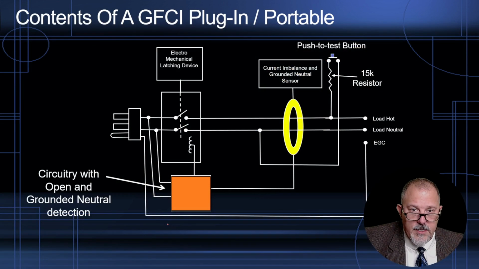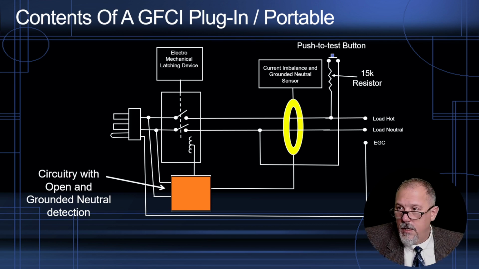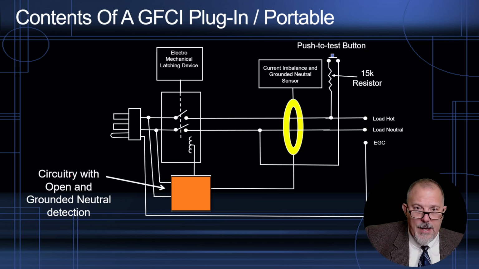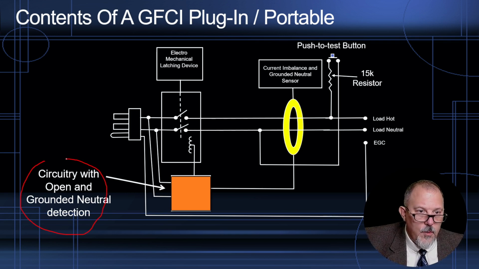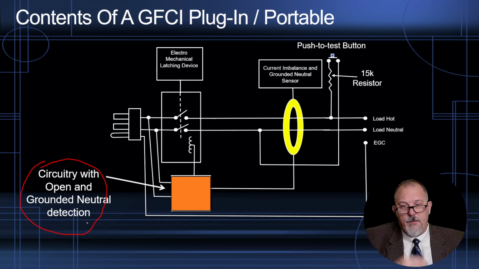And the way this works is, again, on a similar application, it's going to be looking for the current going out and coming back, but it adds this circuitry with open and grounded neutral detection. So if there's an open neutral to the device, it has to be able to detect that.